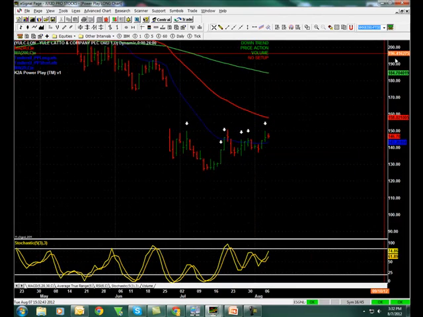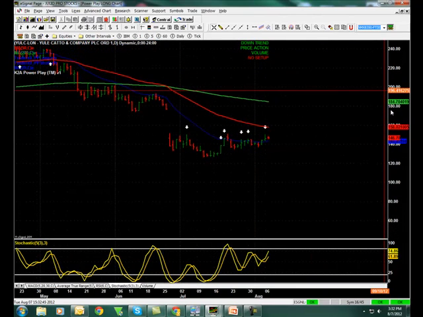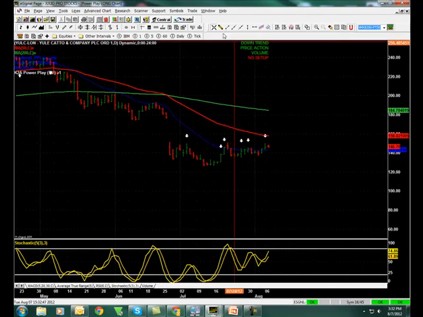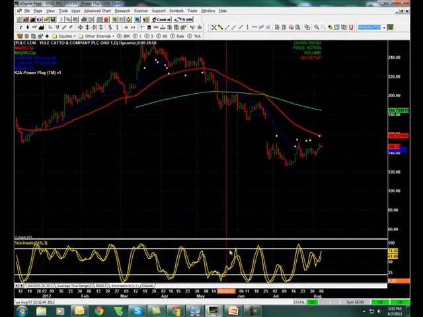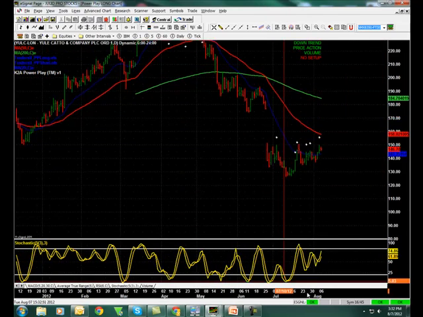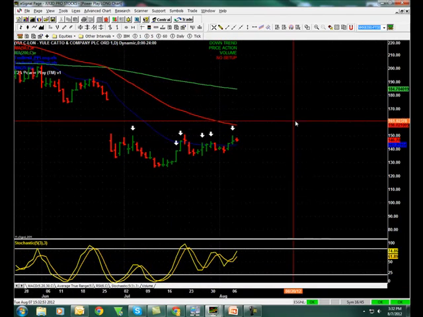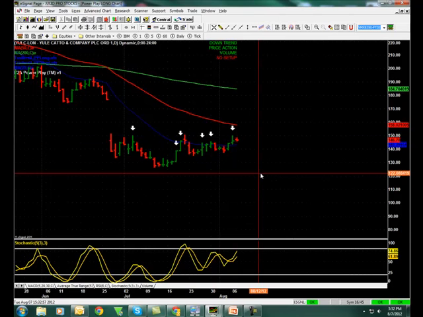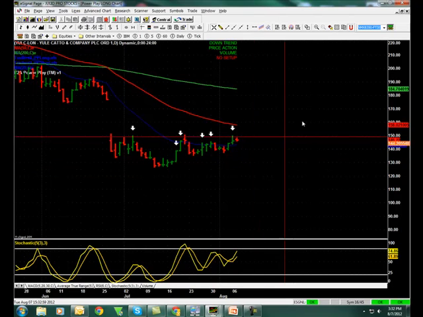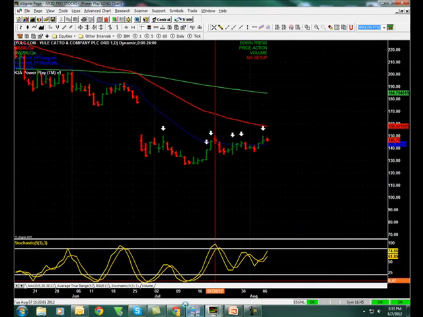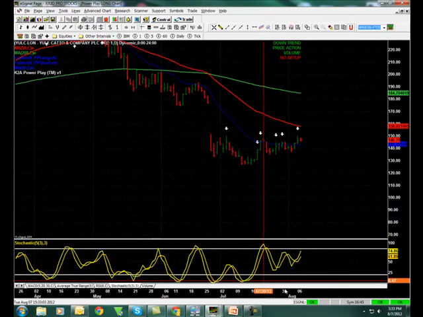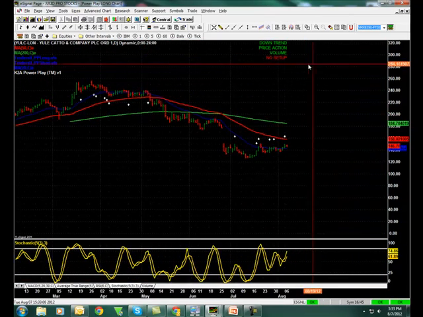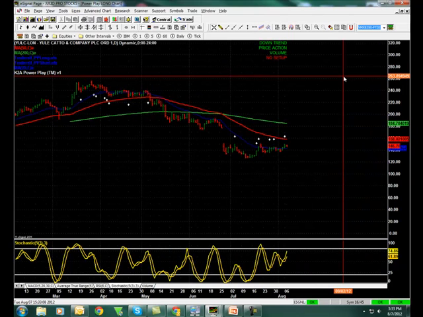I prefer the other one than this one here, to be honest. Right, the entry would be there, stop loss there, and take it back down. Okay? If you want to focus on quality over quantity, the other one looks much better.